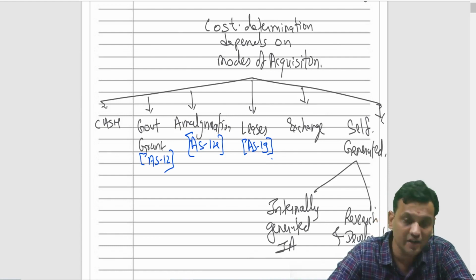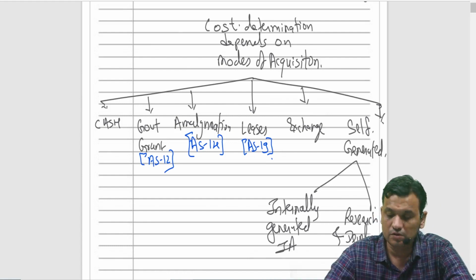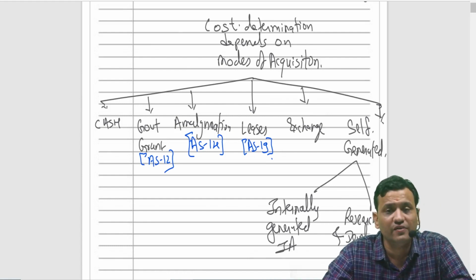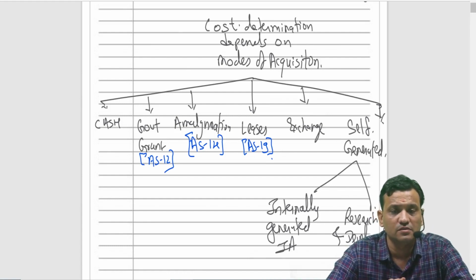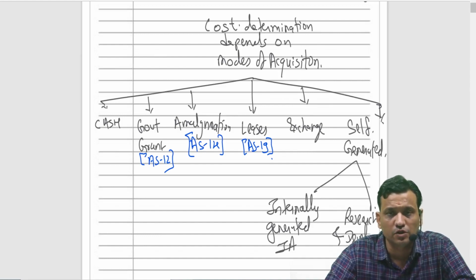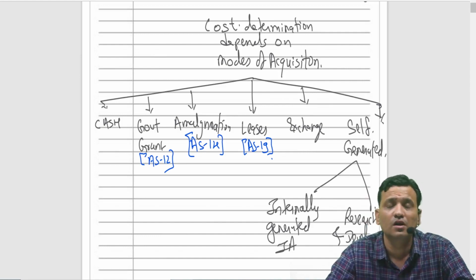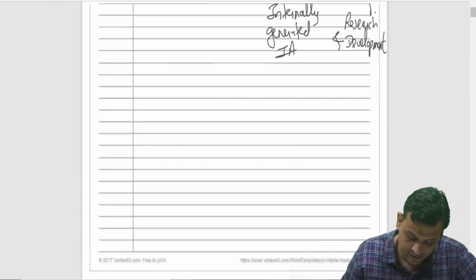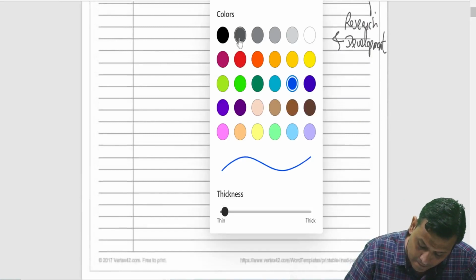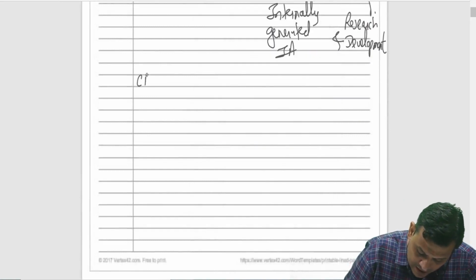So, my dear students, we need to understand, if an intangible is acquired on cash basis, what should be the cost? Because when we say we should initially recognize intangible asset at cost, how is this cost to be determined? So, cash basis.